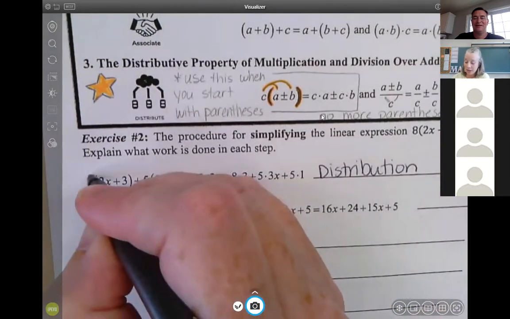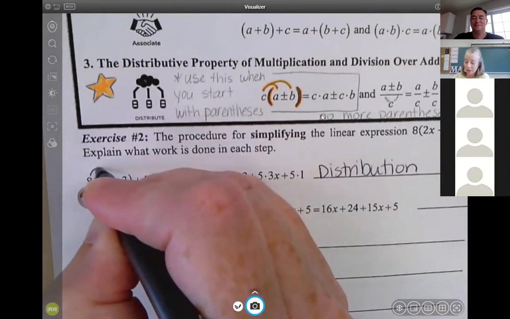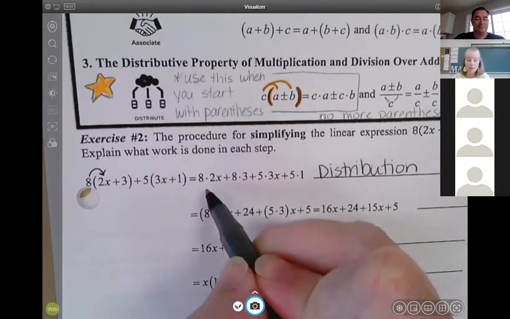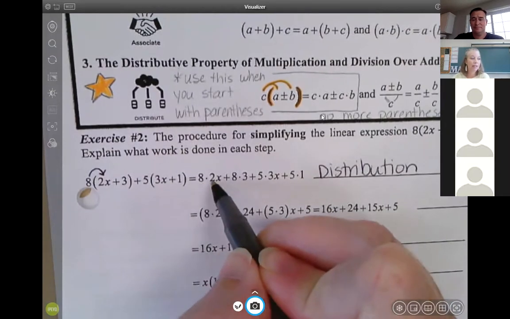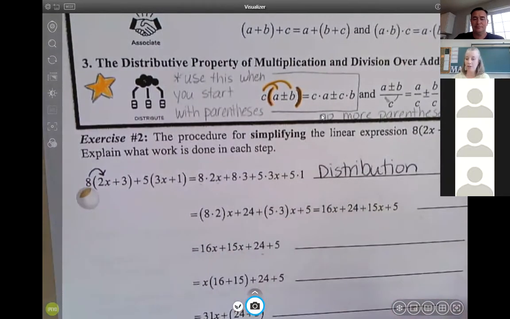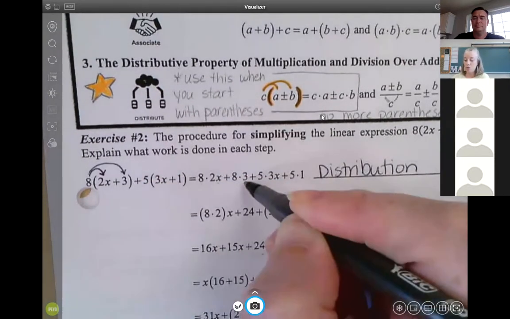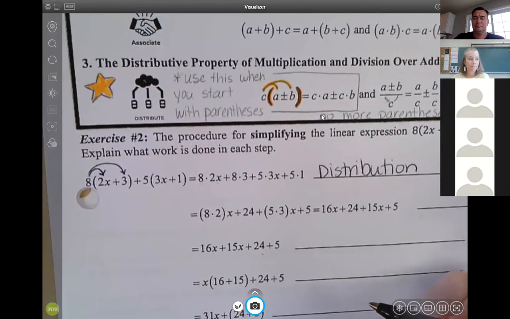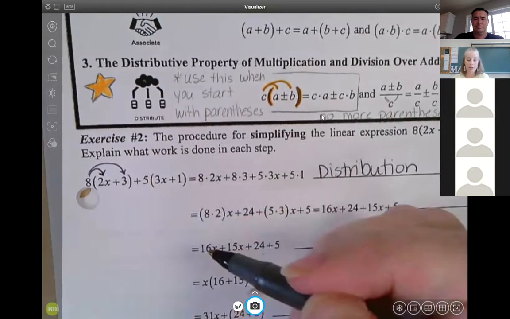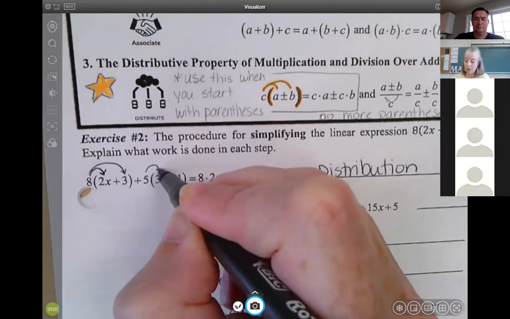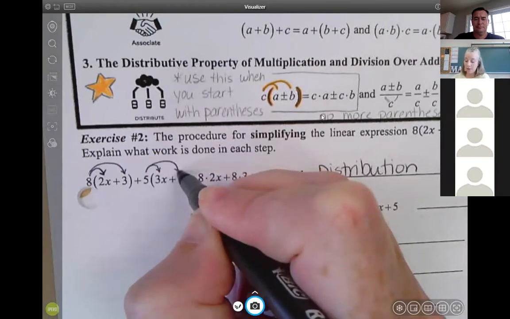Because we took the 8 that was on the outside of this parenthesis, we distributed it with the 2x, and look at that, 8 times 2x, they distributed. They did it again with an 8 times a 3, right there. Then they did it again because there was another set of parentheses, 5 times 3x and 5 times 1.